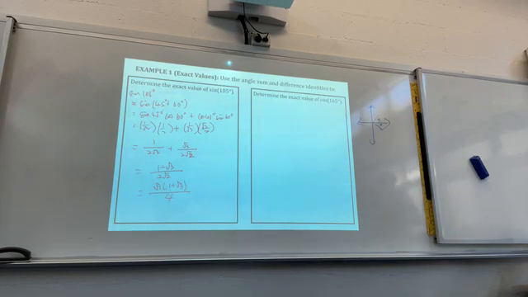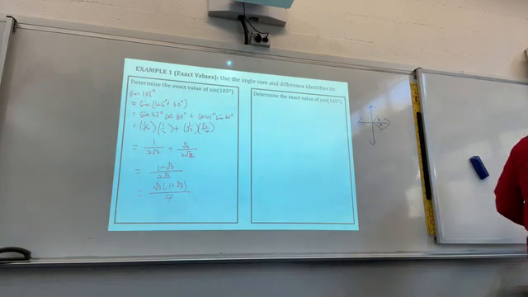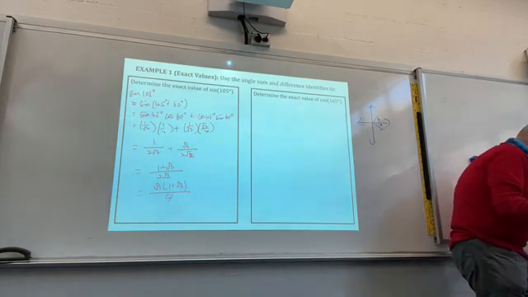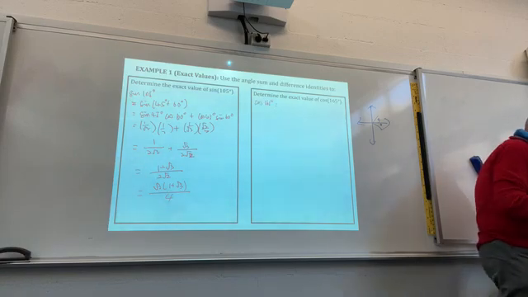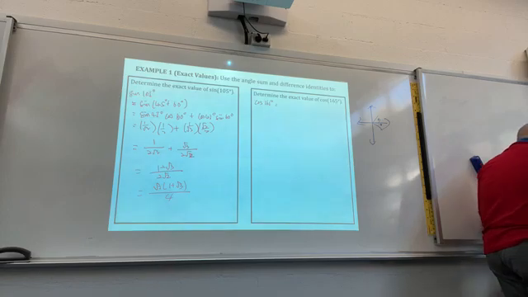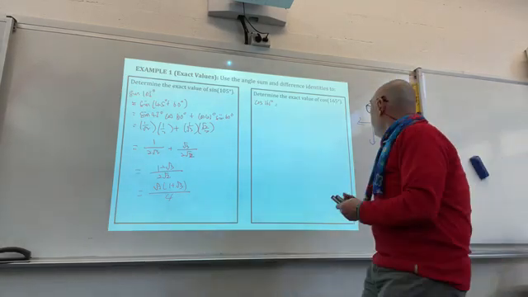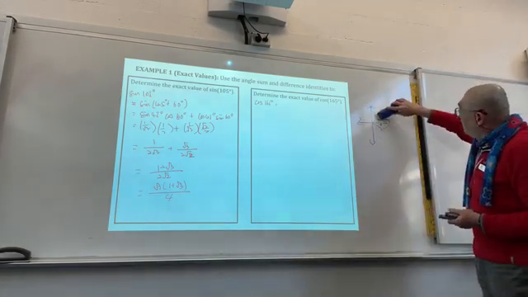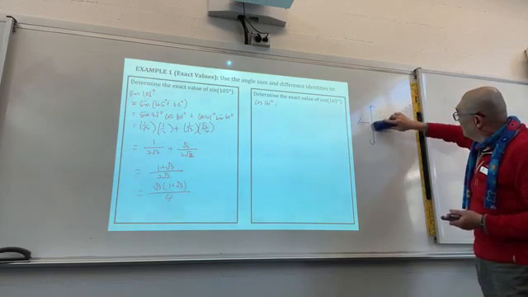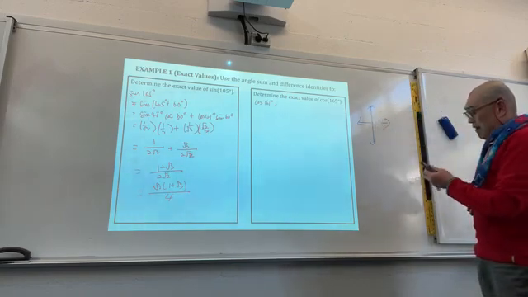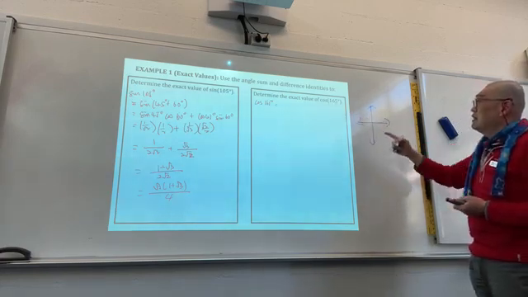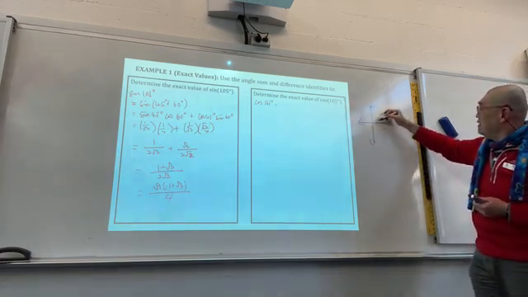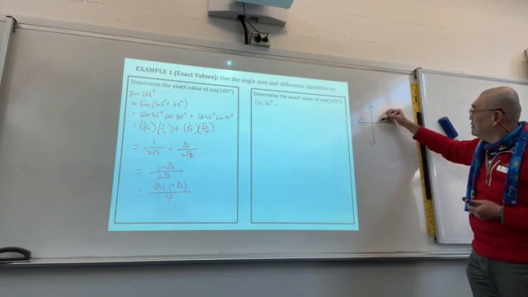Next one. Let's try cos 165 degrees. How would you do that? Let's think about the unit circle. 165 degrees is somewhere here.